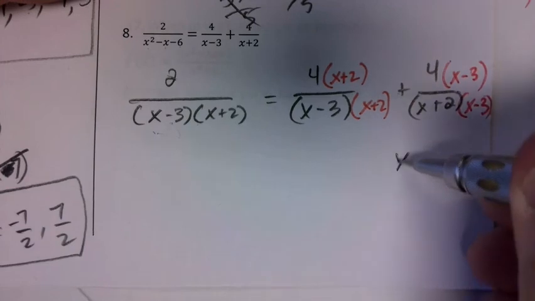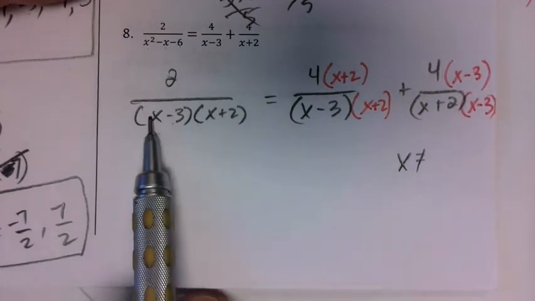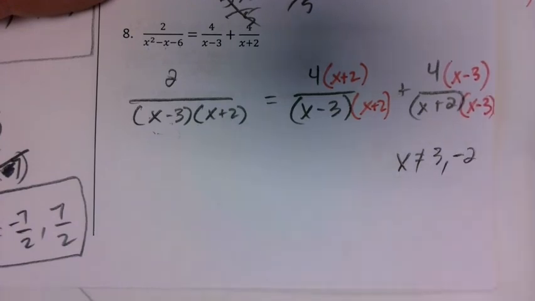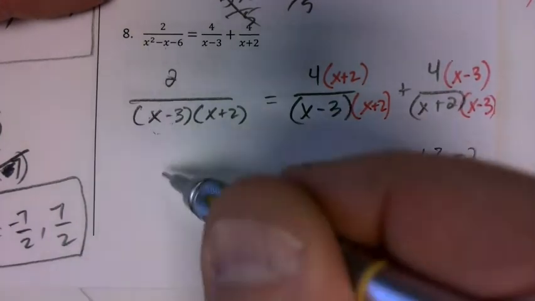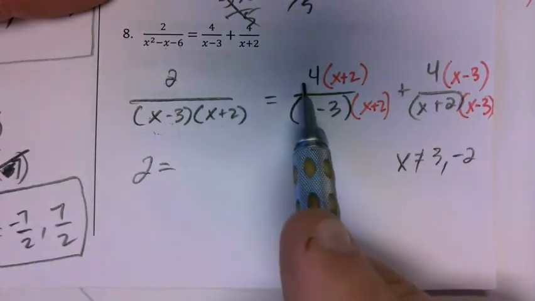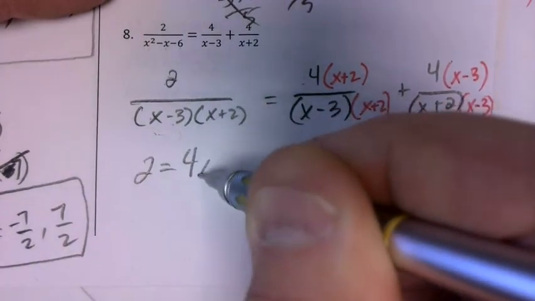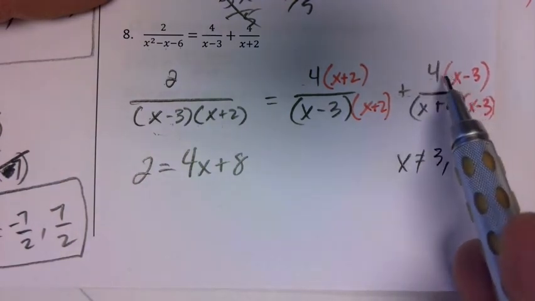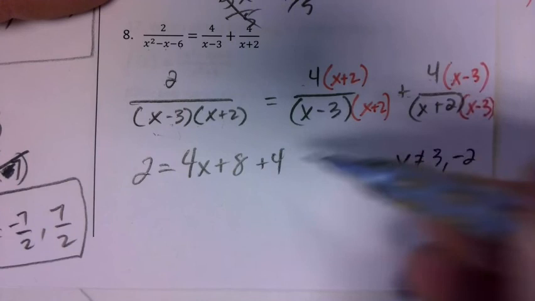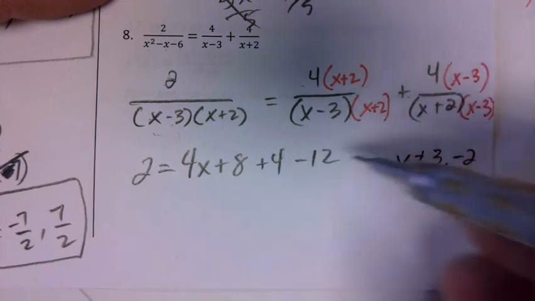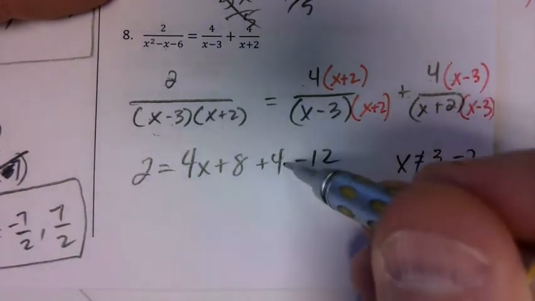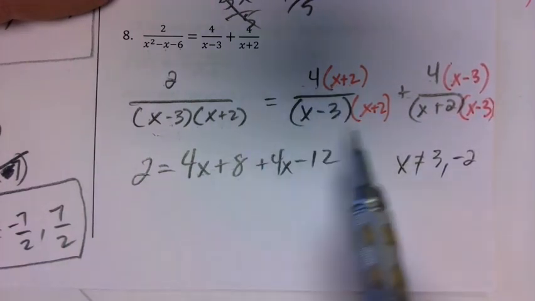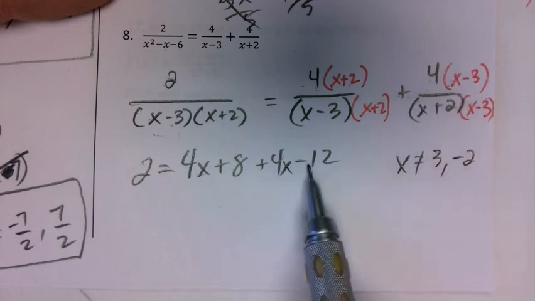Let's think about restrictions. X cannot equal 3, because 3 minus 3 makes 0, and negative 2, because negative 2 plus 2 makes 0. And I end up with 2 equals 4 times x plus 2, that's 4x plus 8, plus 4 times x minus 3. 4x is 4x, and 4 times negative 3 is negative 12. Oh, I forgot an x there, right? Check again. 4 times x, 4 times 2, there's 4x plus 8. 4 times x, 4 times negative 3, 4x minus 12.